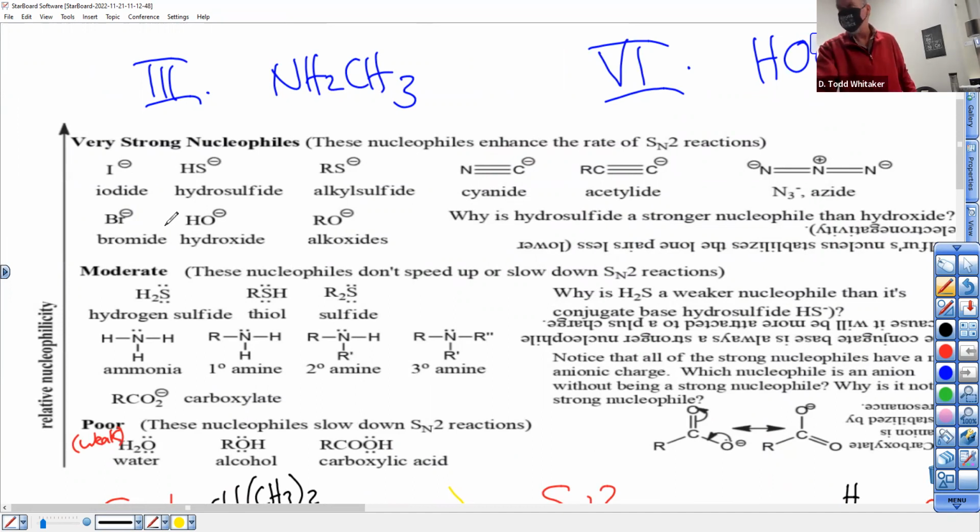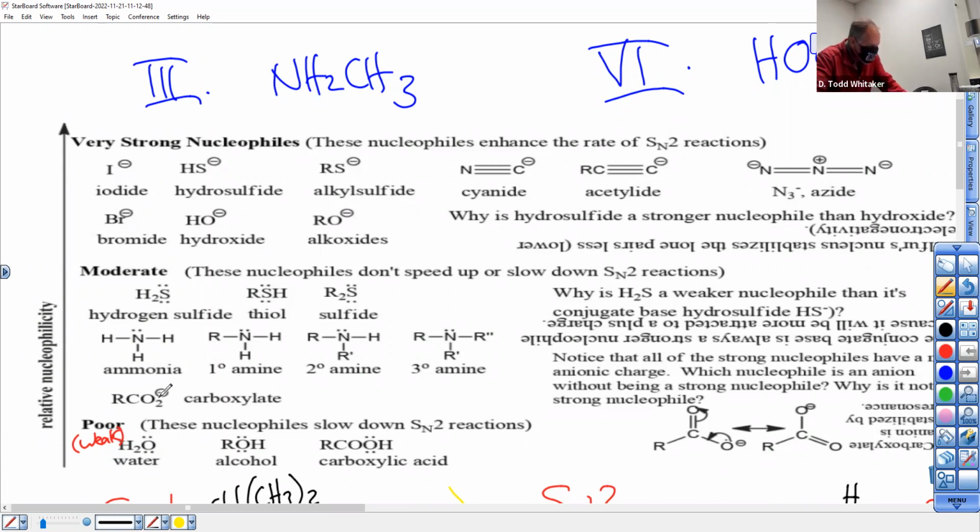An anion, yes, a negative charge. But read carefully the whole document here, the whole list. There is an anion on the list that is not at the top of the list. It's in a different category. Which one is it?